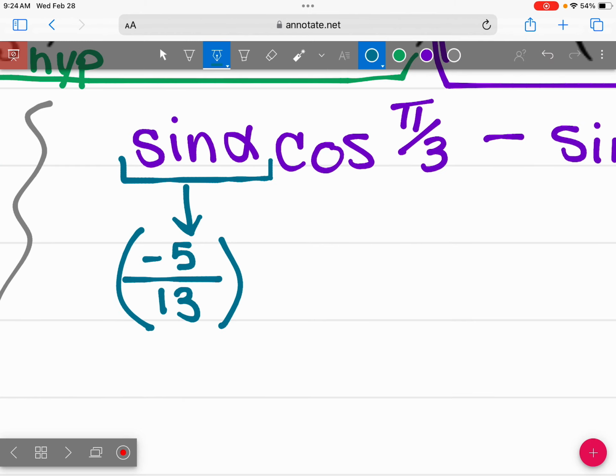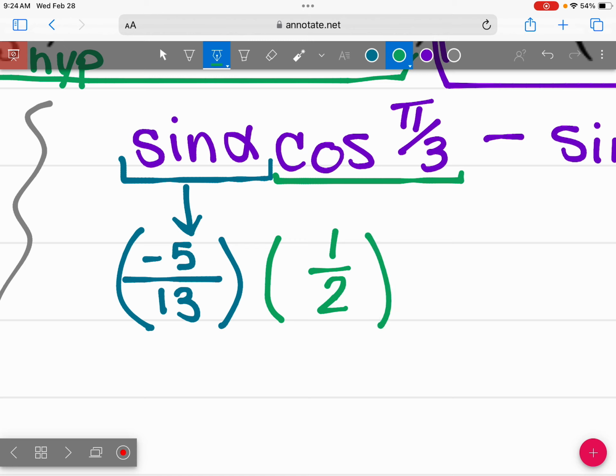How about cosine of pi over 3? One half. Pi over 3 is one of the ones on the unit circle. So we're going to need to be able to pull those up, whether it's writing out the unit circle or pulling out your unit circle, it's going to be 1/2.